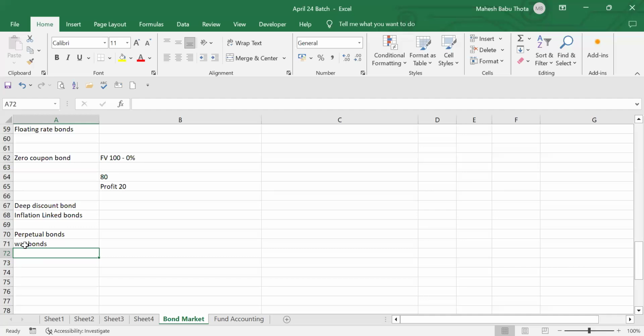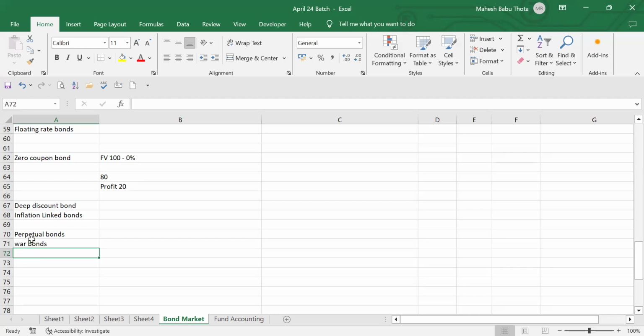If they want to support a war, be it a financial war or a fighting war, there should be funds available from the government side also. For that reason, they will issue these bonds so that they can raise funds in case of war. For that, they will pay interest. Those bonds we call war bonds.